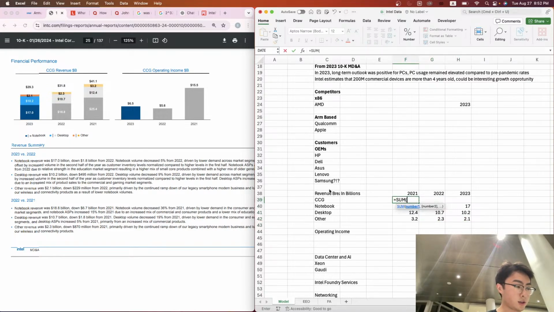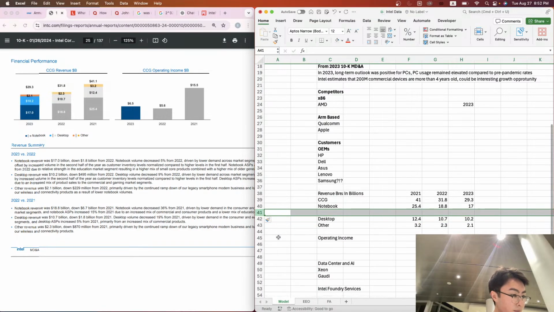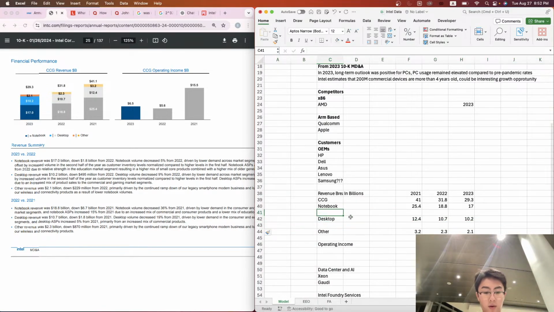So in this case, is equal to. Oh, shoot. What if I do this? Oh, it still works. Okay. Yeah, what I want to do is add 8% growth.